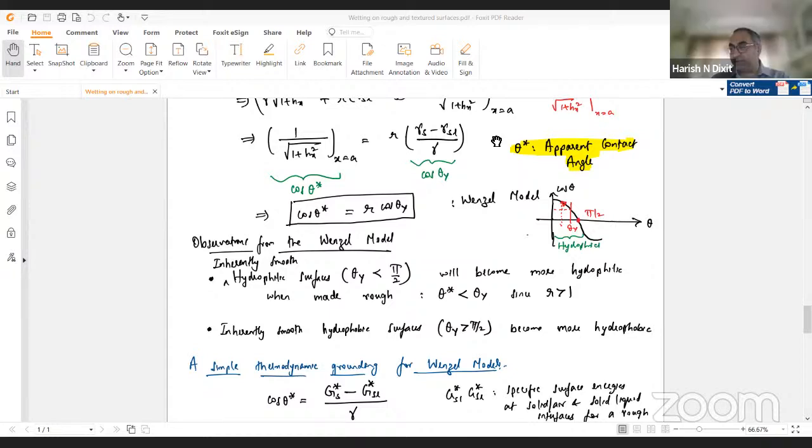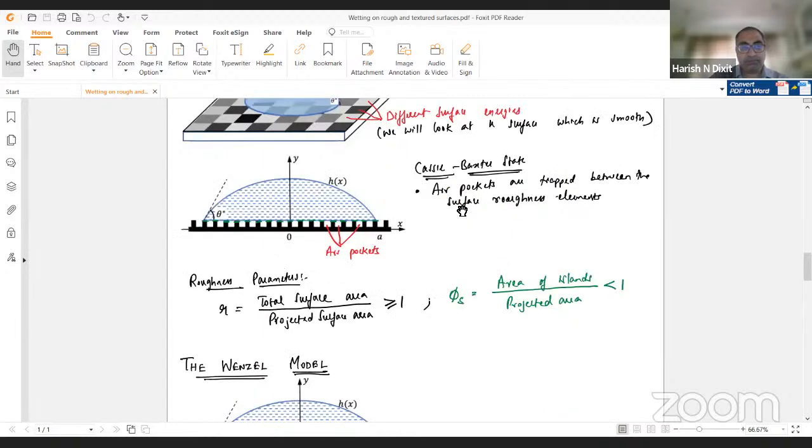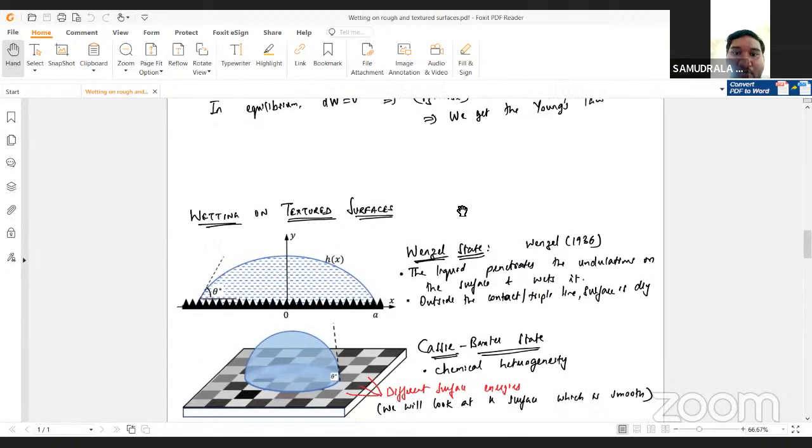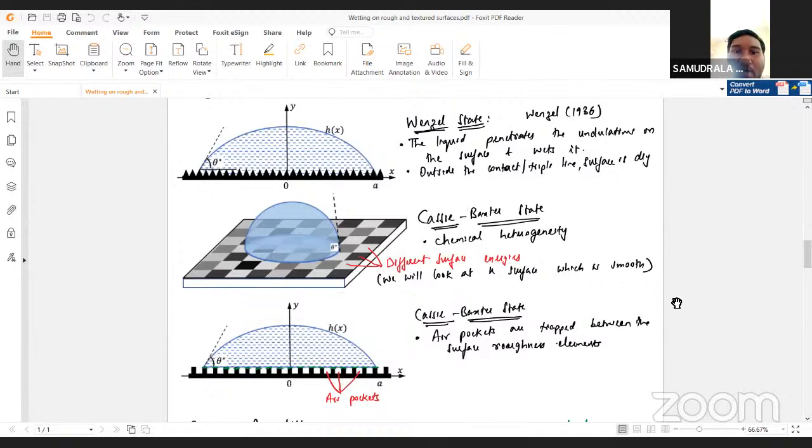In this slide itself, I think there is a diagram of that. In the spherical cap model, if I take the height of this semicircle as h and radius of this as R, how do we find the relation between h, R and contact angle theta Y?